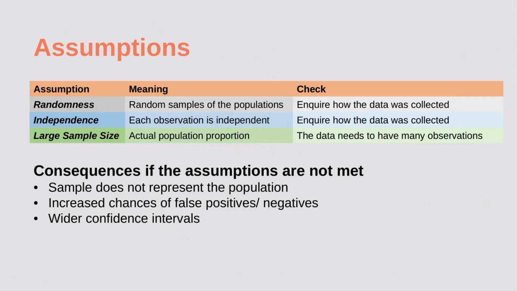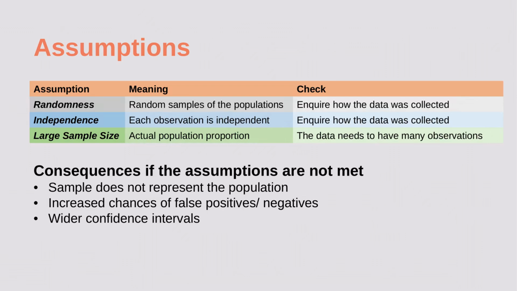If these assumptions aren't met, we risk drawing conclusions from a sample that doesn't reflect the population, making more false positives and false negatives, and getting wider confidence intervals, which means more uncertainty in our estimates. So, checking these assumptions isn't just a formality.